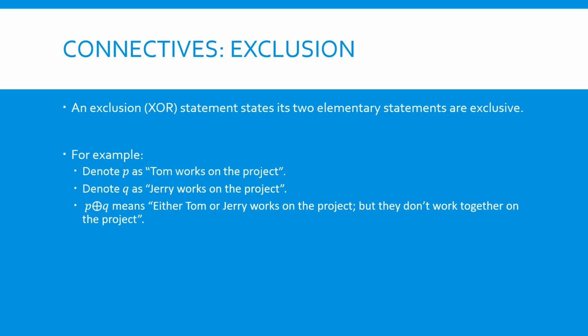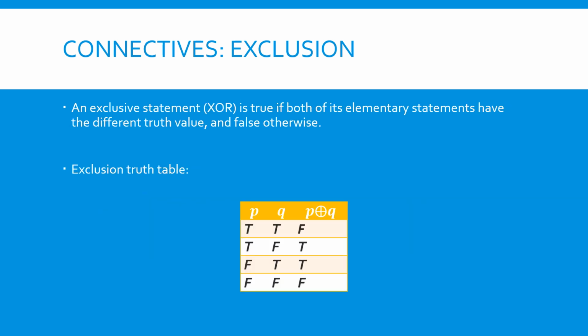The compound statement P XOR Q says either Tom or Jerry works on the project, but they don't work on the project together. The exclusive statement is true if its two elementary statements have different truth values, and false otherwise. You can also find the corresponding truth table here.